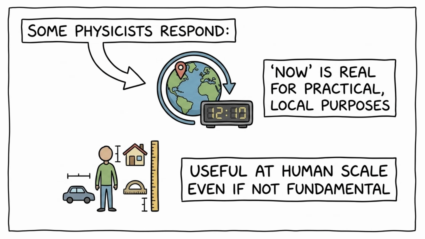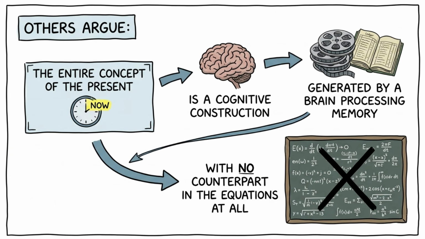Some physicists respond that now is real for practical local purposes, useful at human scale even if not fundamental. Others argue the entire concept of the present moment is a cognitive construction, generated by a brain processing memory, with no counterpart in the equations at all.